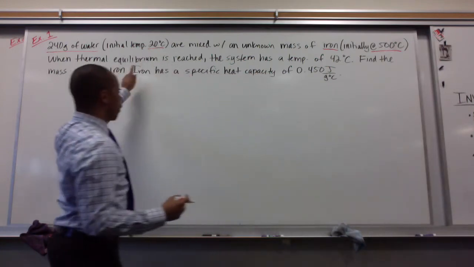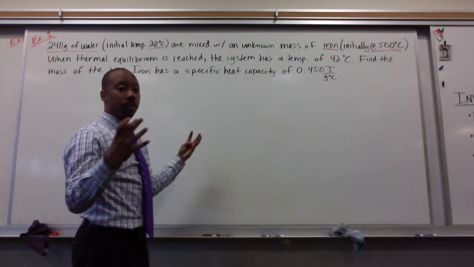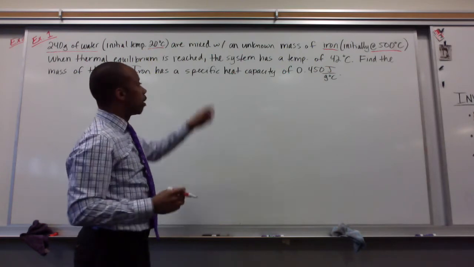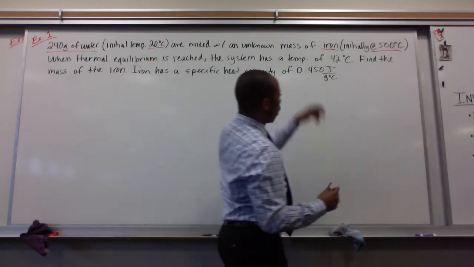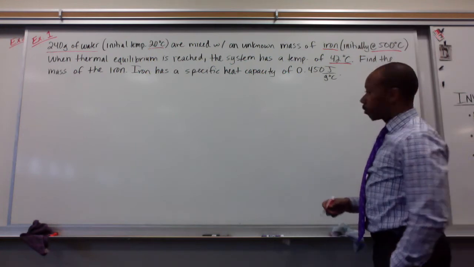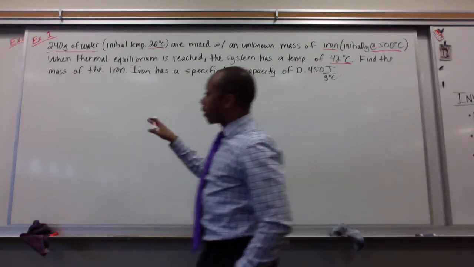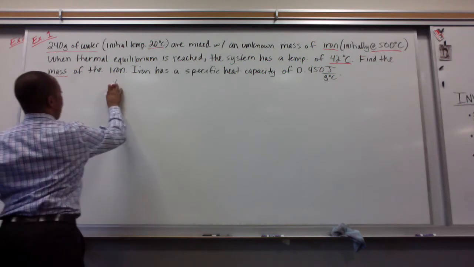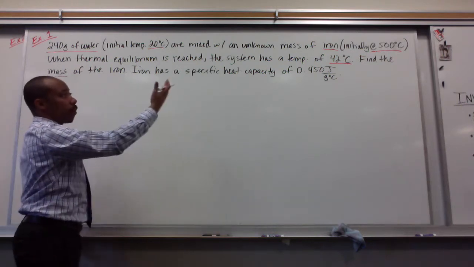When thermal equilibrium is reached, meaning the temperatures of both substances reach one common temperature, the system has a temperature of 42 degrees Celsius. Find the mass of the iron that was put into the water.